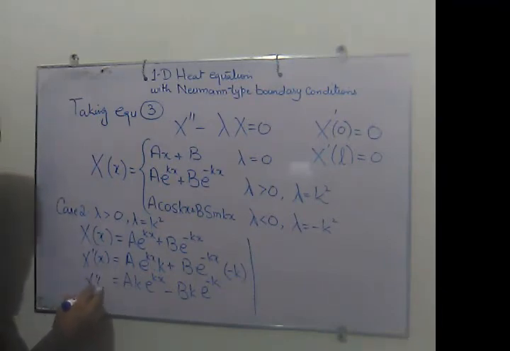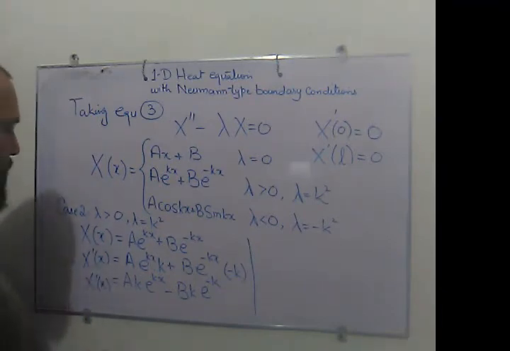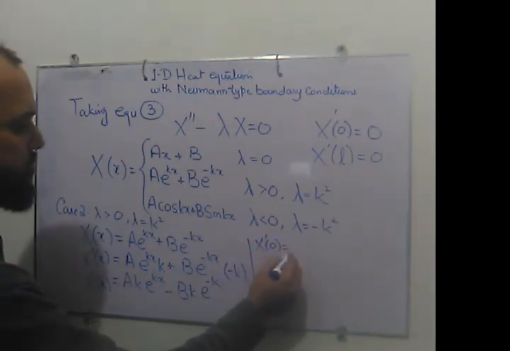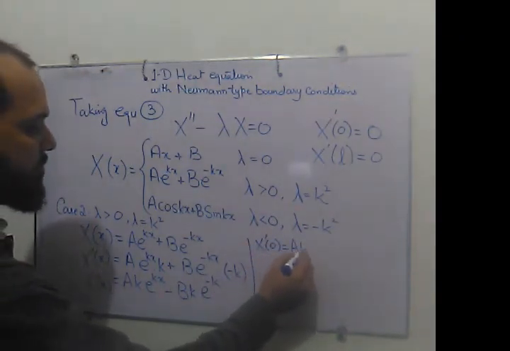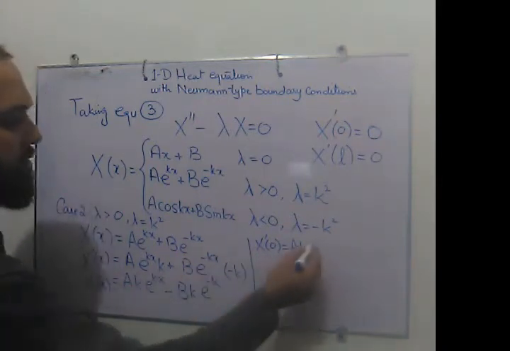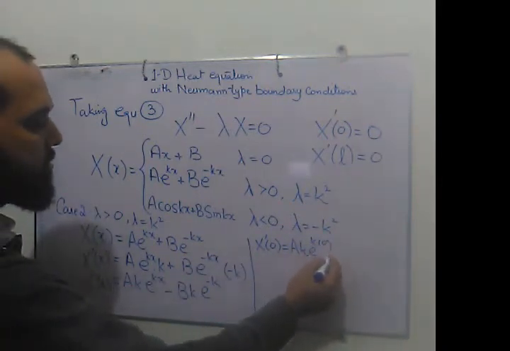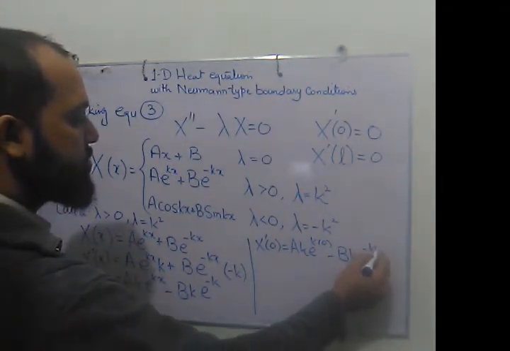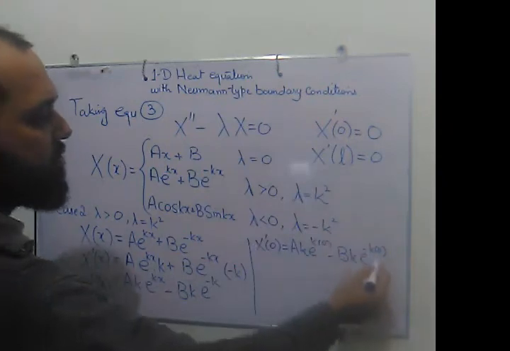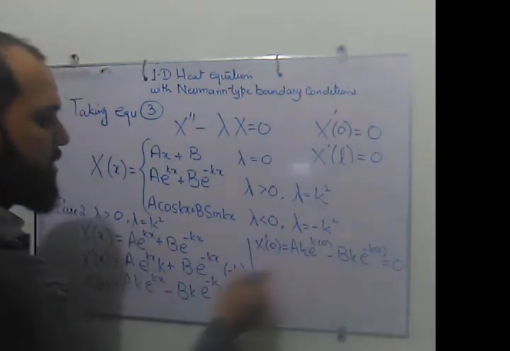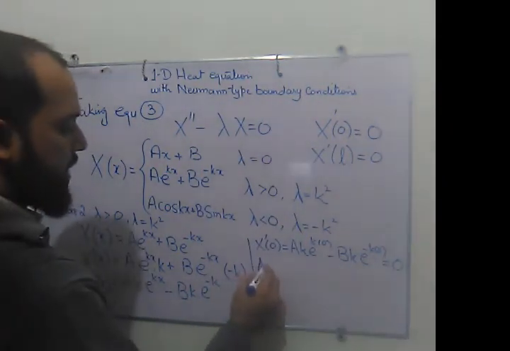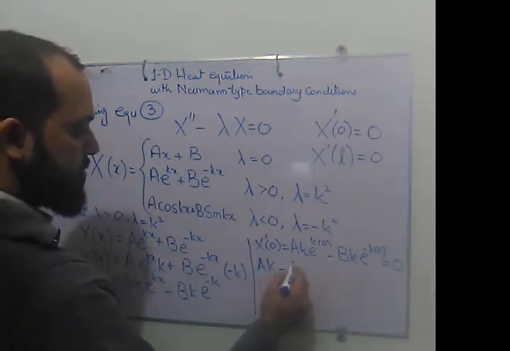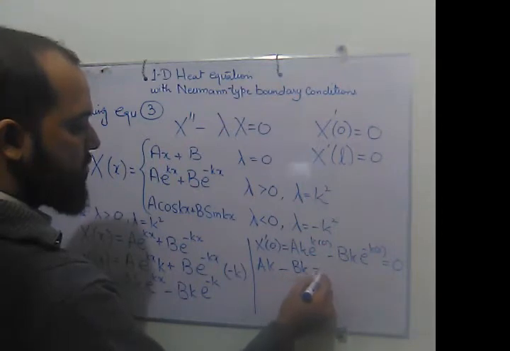Now we can apply the boundary conditions. When we apply the first boundary condition, X'(0) is equal to a k exponential k times 0 minus b k exponential minus k times 0, and this X'(0) is equal to 0. So here we have a k minus b k is equal to 0.